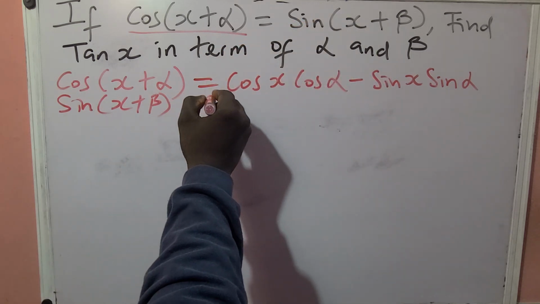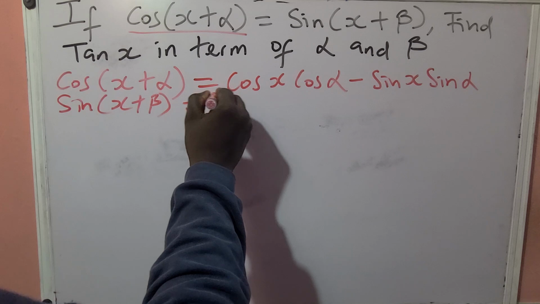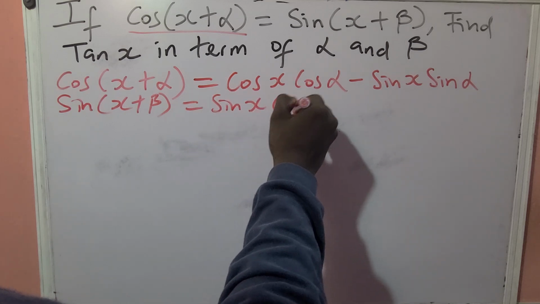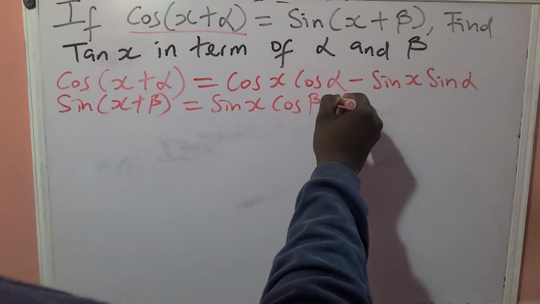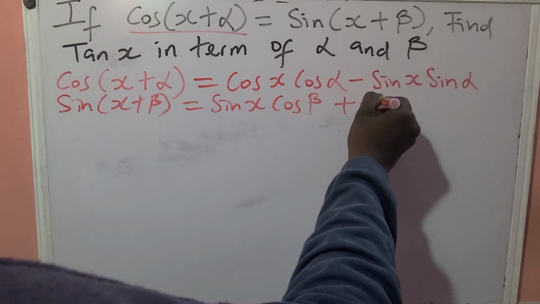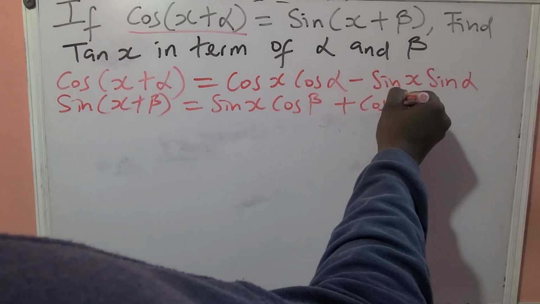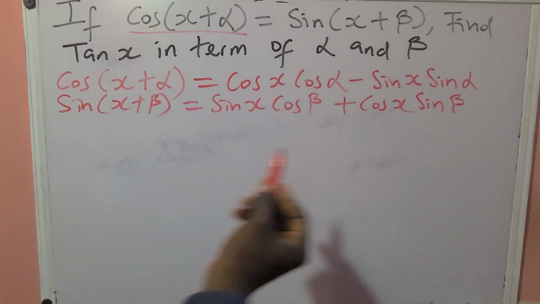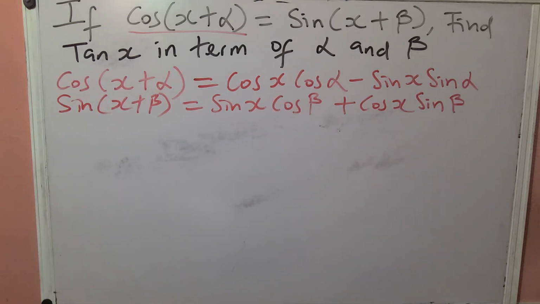The identity tells us that the sine of it will be the sine of the first angle, the cos of the second angle, plus the cos of the first angle, then the sine of the second angle. These are all identities that you can always find a way to know.